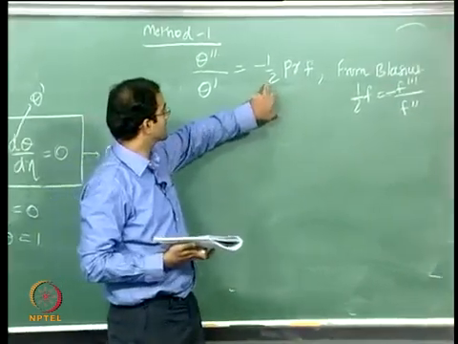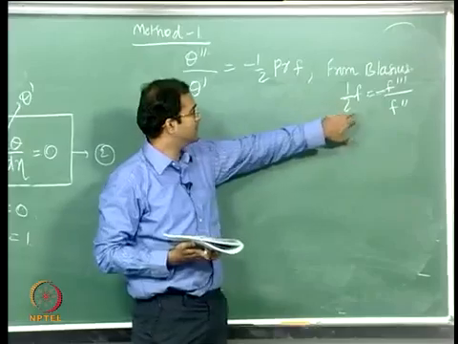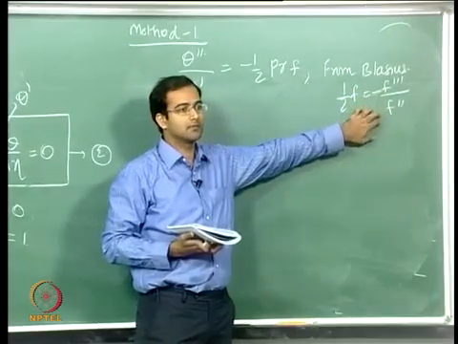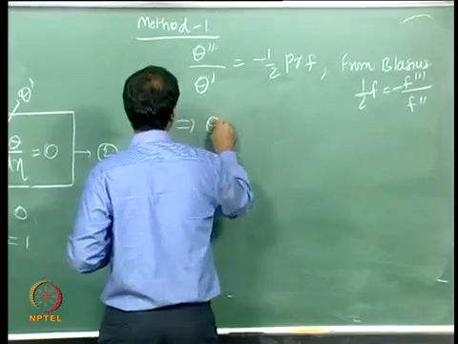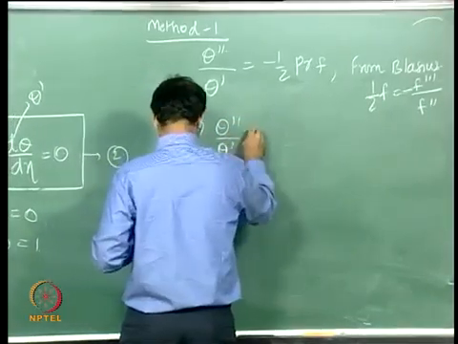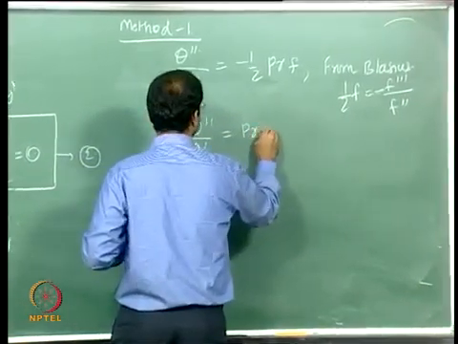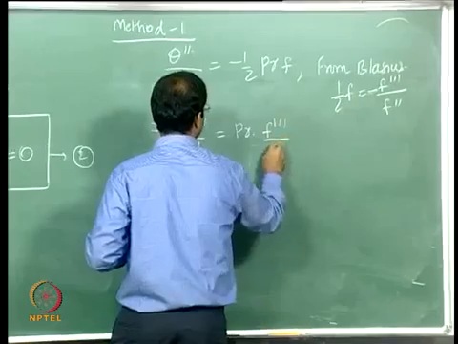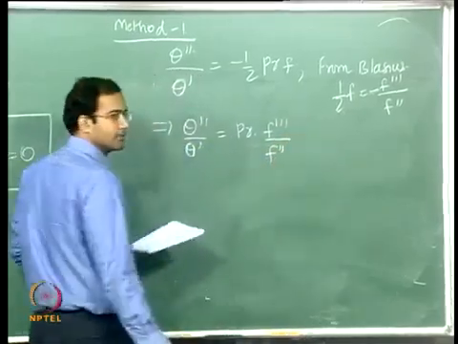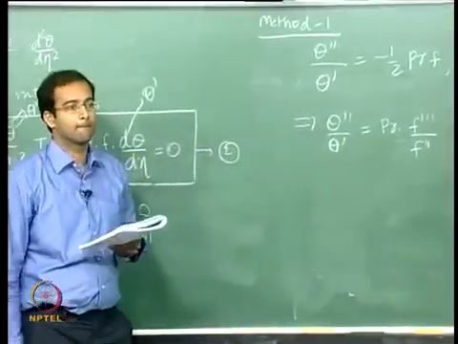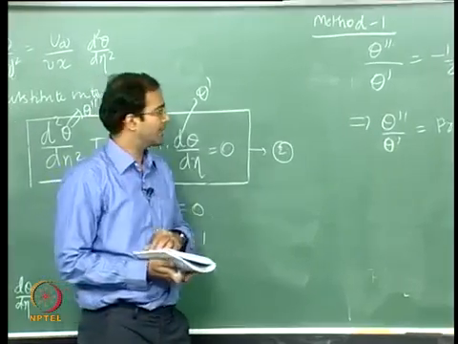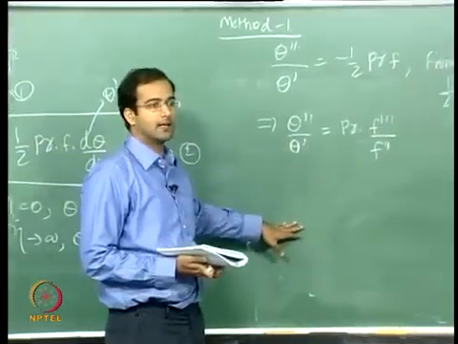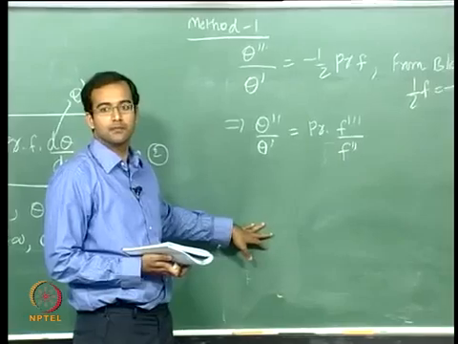Now you can see I can substitute for minus half into f in terms of f triple prime. So I can link these two equations. I can write this as Prandtl number times f triple prime by f double prime. So if I can now integrate it twice, I directly get the solution for theta.